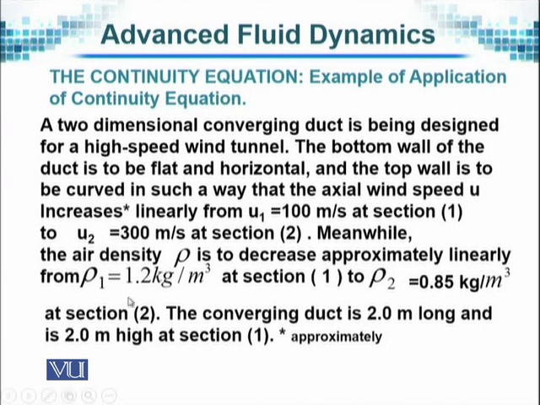So you can see it is reducing from 1.2 to 0.85 kilogram per meter cube at section 2, that is at the end of the duct that is being designed. The converging duct is kept at 2 meter length, and it is also 2 meter high at section 1.